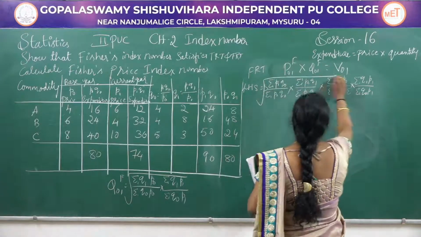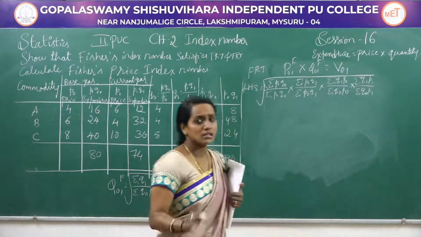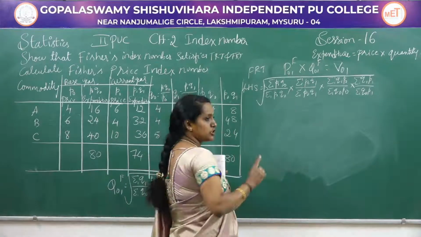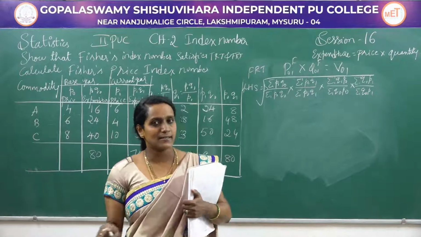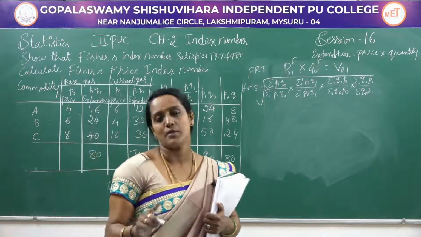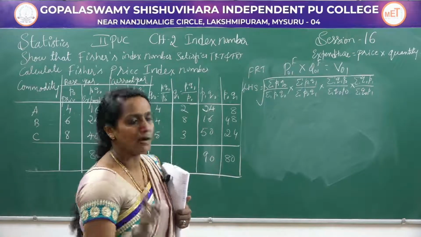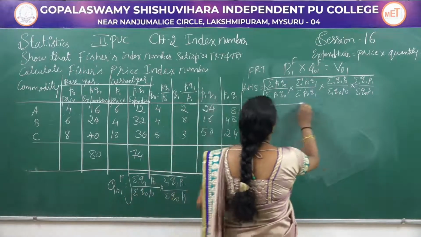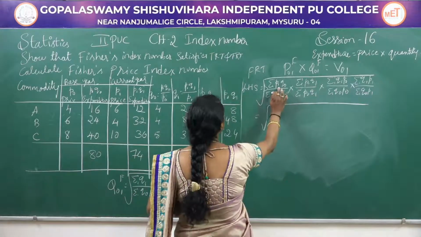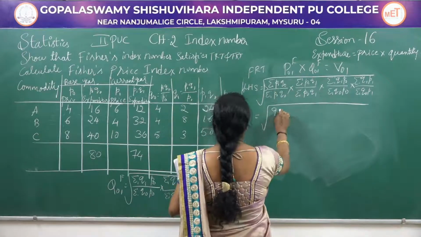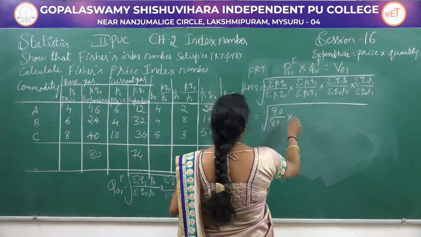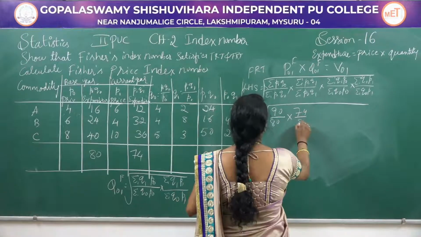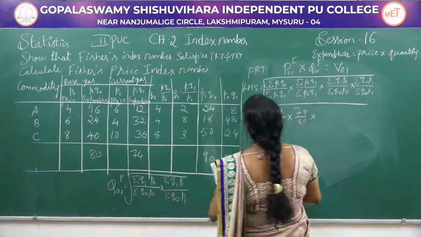Next, substitute the values. Without substitution, if you cancel directly, it doesn't carry any marks. You will lose the marks. We have to substitute the values, then cancel, then it will carry the marks. So P1 Q0 is 90 by 80 into 74 by 80 into Q1 P0.